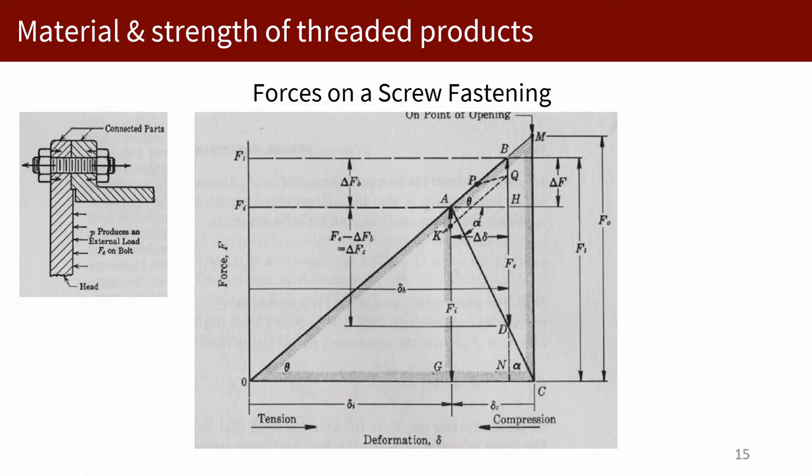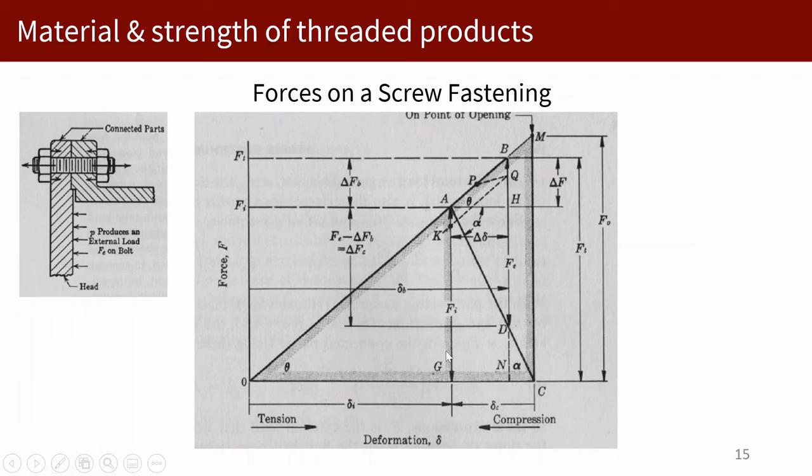So you apply an additional tensile force to your bolt, you elongate your bolt, and then your compressive deformation decreases. So this is illustrated by this. Let's go back to reaching the initial tightening force.